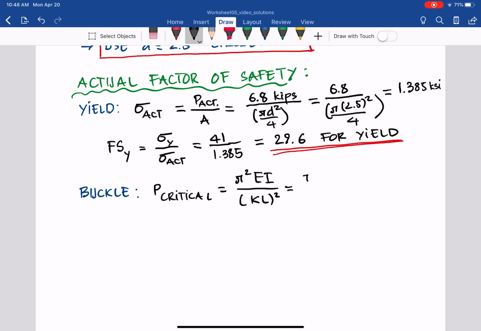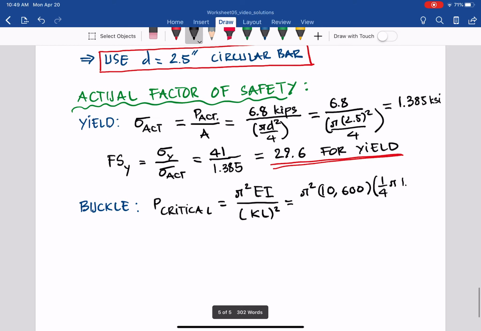We can plug in pi squared, E is 10,600 KSI, and then the I is 1/4 pi R to the 4. In this case, 2.5 is the diameter, so the radius is 1.25 to the power 4.